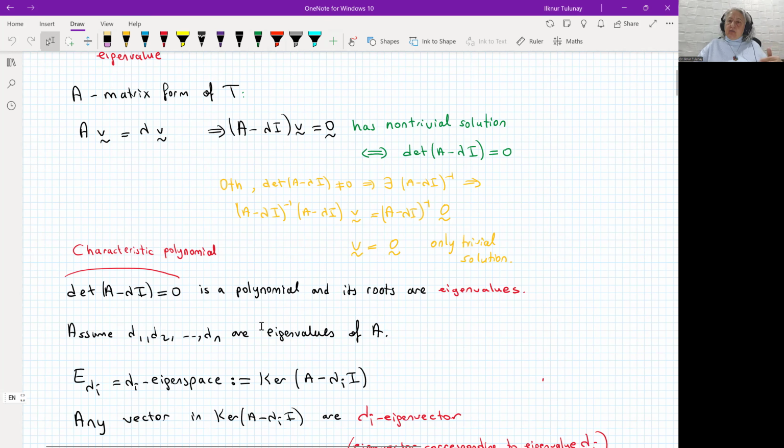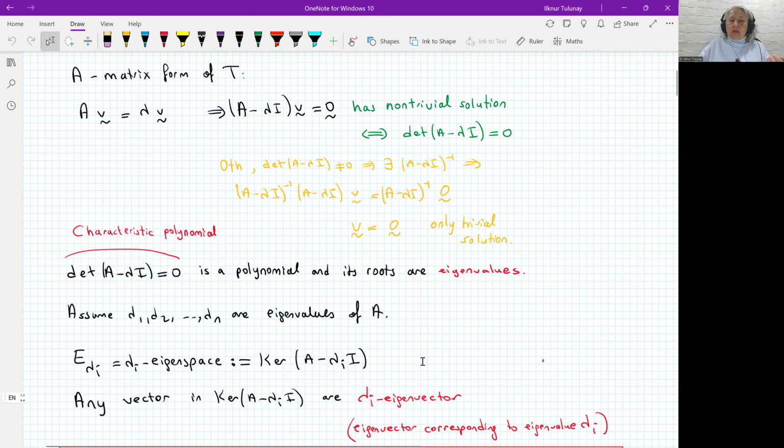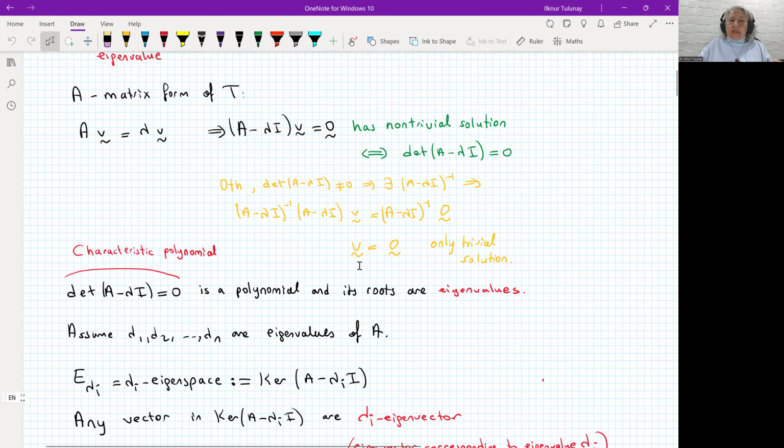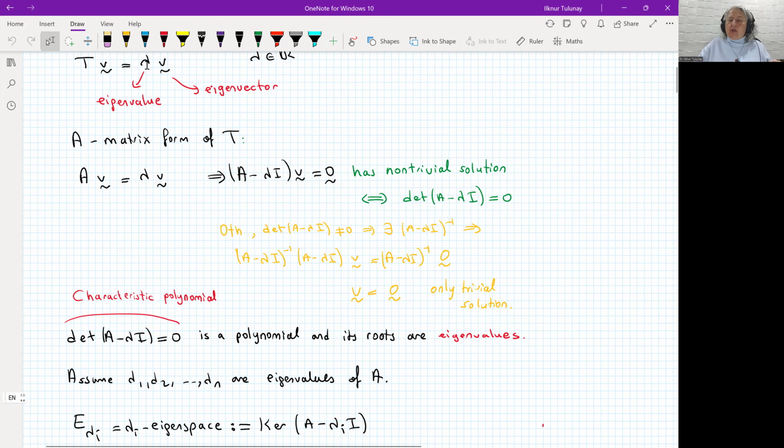If we assume that we found all the eigenvalues, n eigenvalues for the n by n matrix A, then for each eigenvalue, we would like to calculate the eigenspace. Eigenspace are the vectors satisfying this equation for each lambda. What is this? This is basically the kernel space, right? The vectors satisfying this equation are basically the kernel space of this transformation.